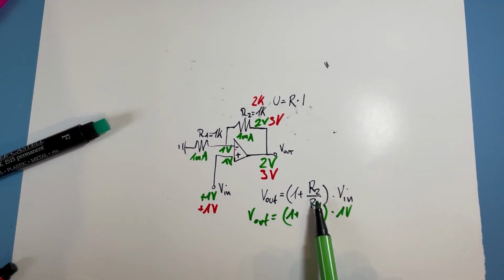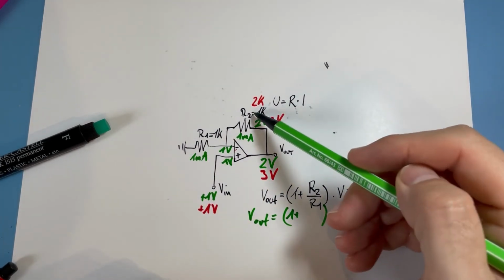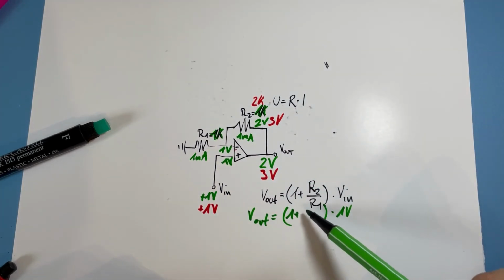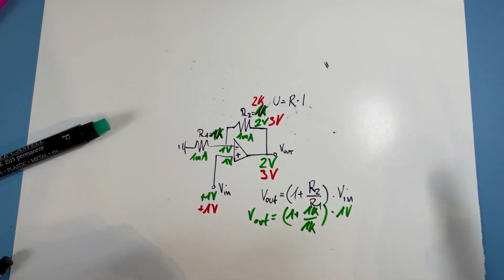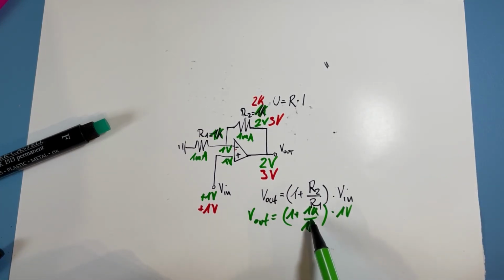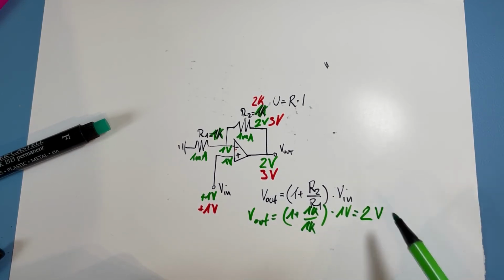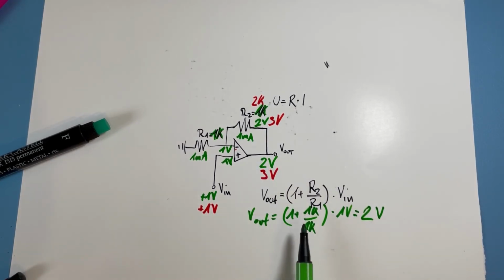In this case, it is 1K in the green case. So 1K over 1K. And so, okay, 1 over 1, that is just 1. 1 plus 1, then, oh, that's 2. 2 times 1 volt. Oh, that gives out 2 volts. Oh, and that's exactly what we have seen. Okay, the formula predicts what we have seen correctly.